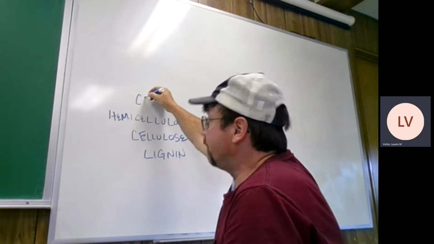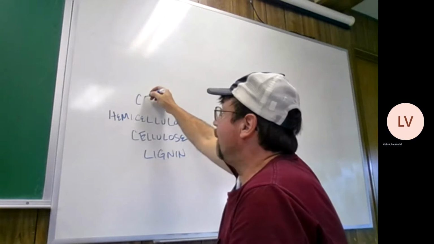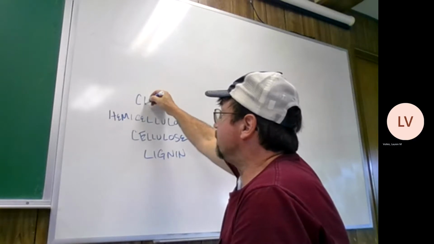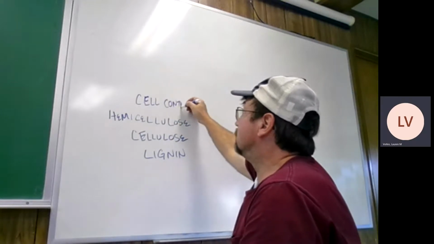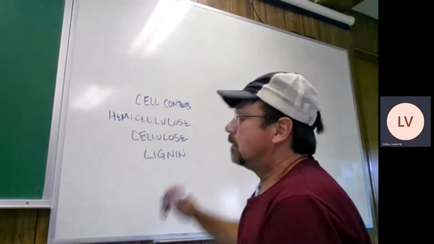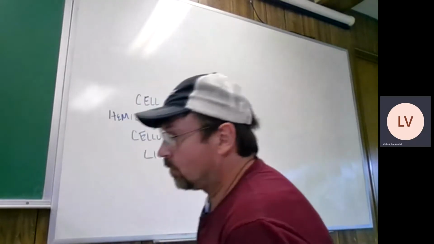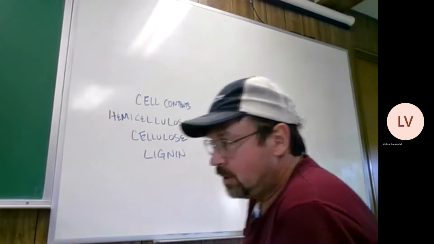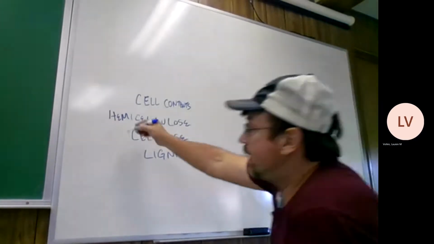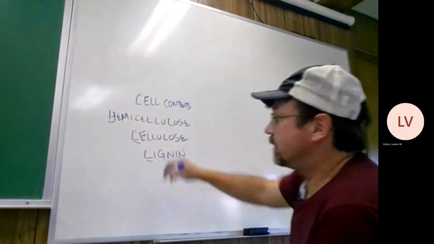Fibers. They are the fibers. Yup, it's the cell wall. Do you know what that cell wall is made up of? Sugars. Ultimately, how are those sugars arranged in complex carbohydrates? Hemicellulose, cellulose, and lignin.